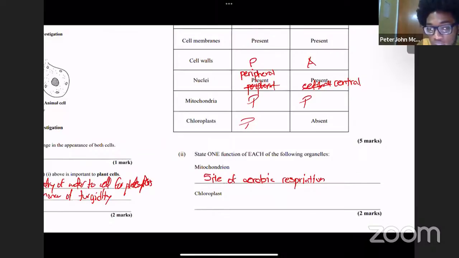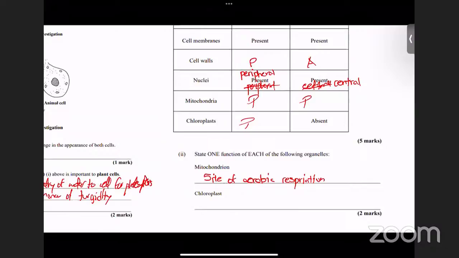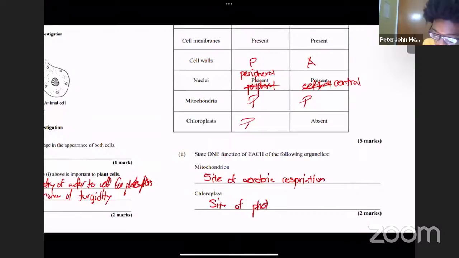Chloroplast. Site of photosynthesis. You see, a lot of people would put "contains chlorophyll," but how is that a function?